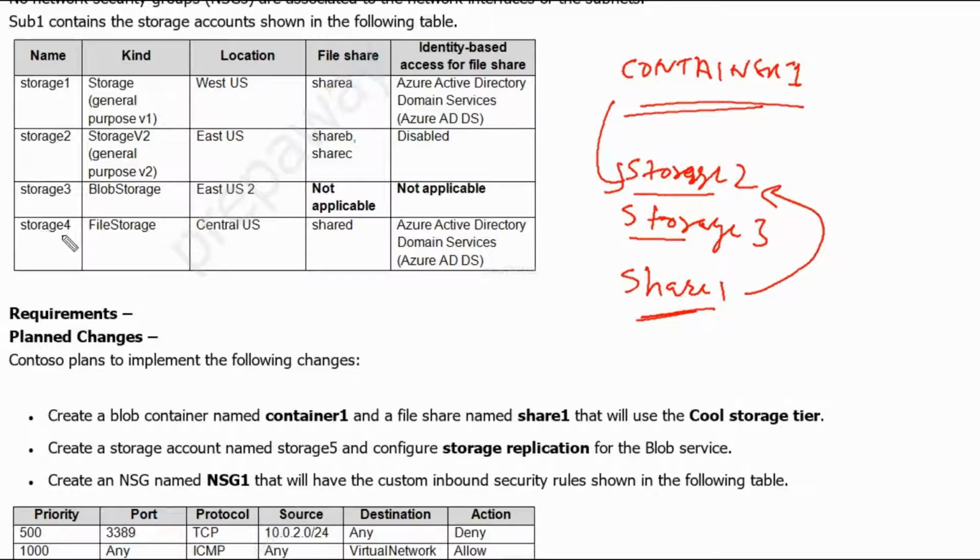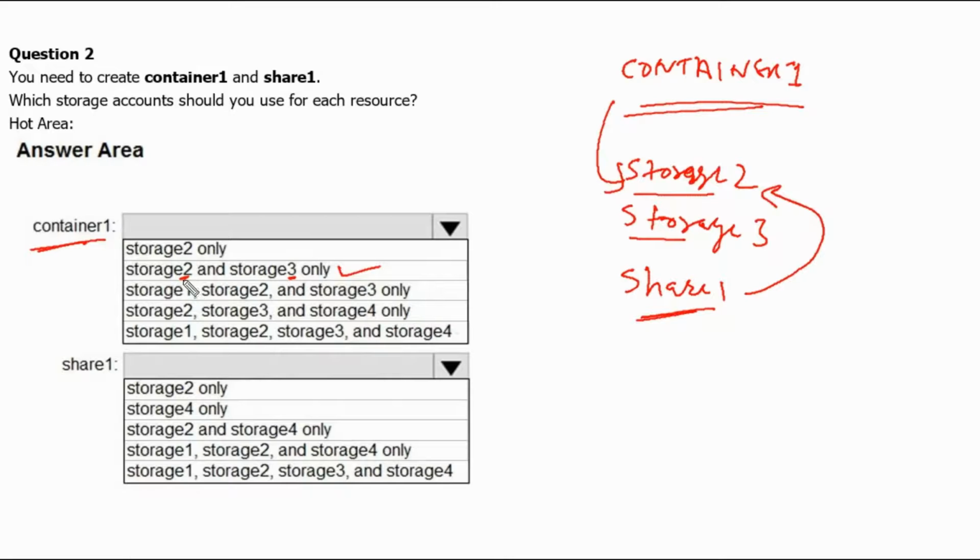Therefore, we cannot use the storage 4 as well, and we can only use storage 2 for file share. For container 1, we can use storage 2 and storage 3, and for share 1, we can use storage 2 only, which is general purpose v2 account.